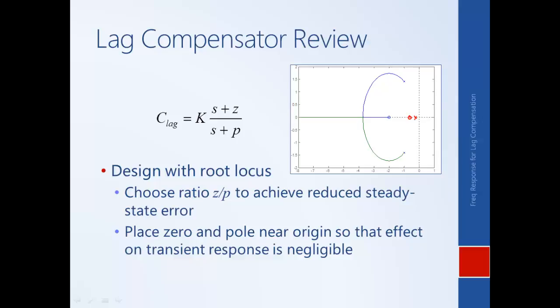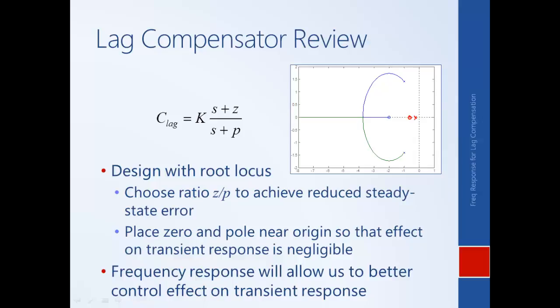So we get the ratio that we desire, so we get the effect on the steady state response that we desire, but the effect of the pole and the zero on the transient response cancels because they are so close to one another. You can imagine if you were trying to satisfy the angle condition to any point on the root locus, you could see that the angle from the zero and the angle from the pole are almost identical.